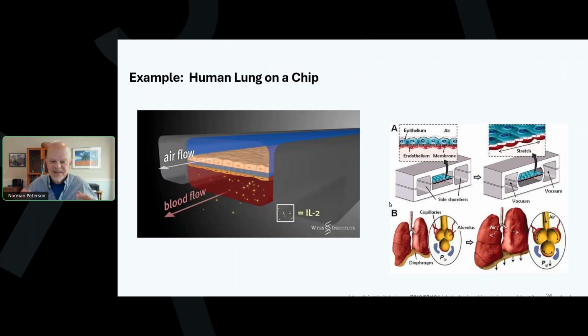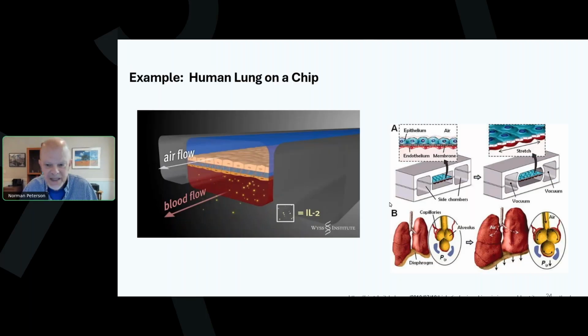The other one that I find is really fascinating, coming back to that concept of stretch, is a lung on a chip. And if you think about it, there are basically two components that your lung tissue is exposed to. So it's air on one side, blood flow on the other. And this system tries to mimic that. And if you look at diagram number A, you can see the endothelial cells forming the vasculature.